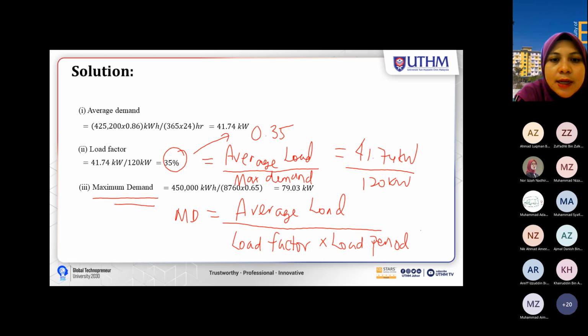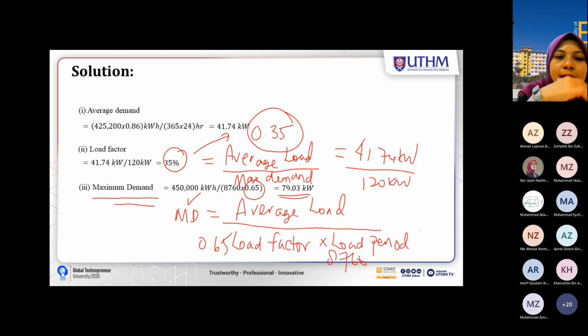Load factor dia tadi 0.35, tapi because of dia increase the load to 450,000 kilowatt hour, then the load factor also increase. So, becomes 0.65. Then you times with the load period, which is 8760. Then you can get the maximum demand for the second case is 79.03 kilowatt.